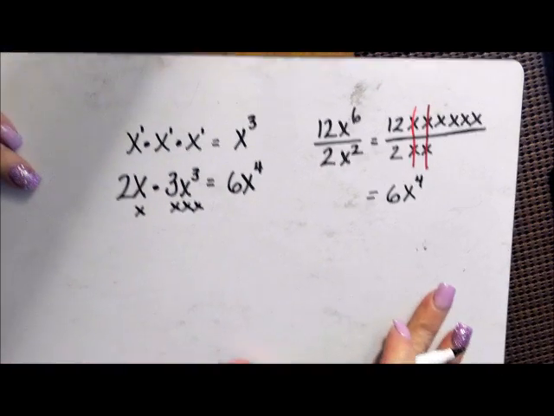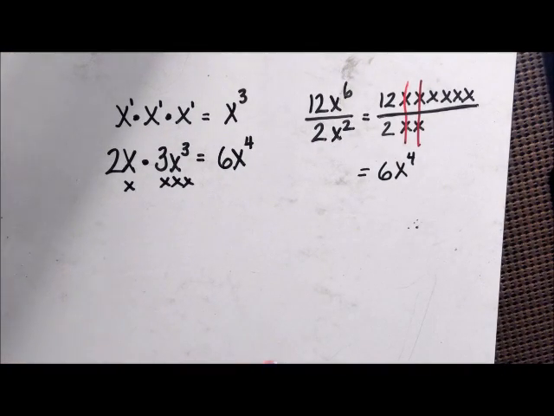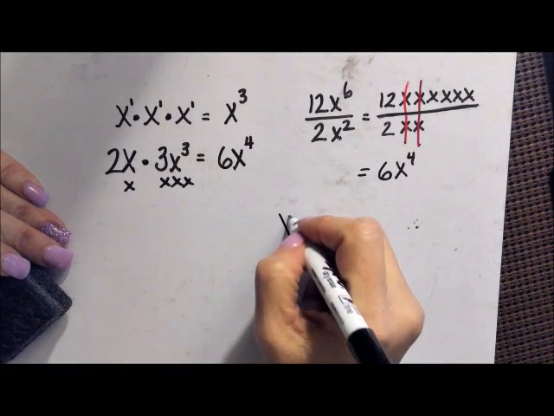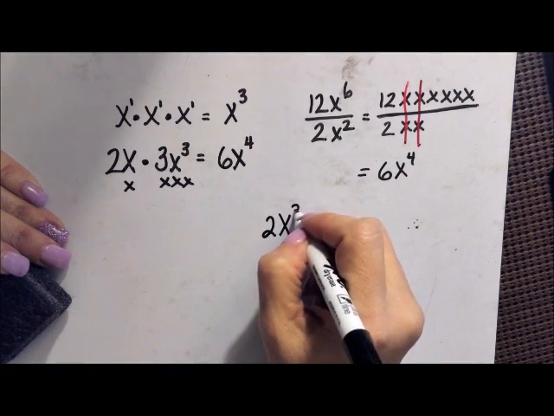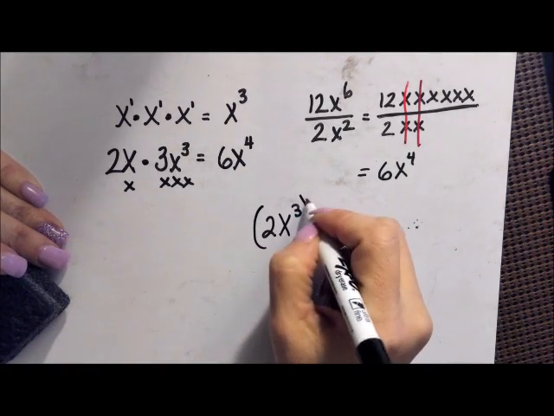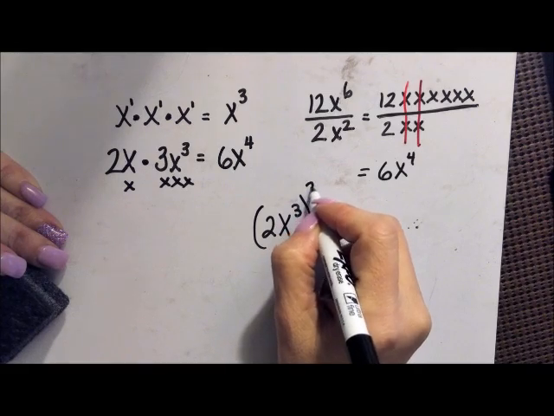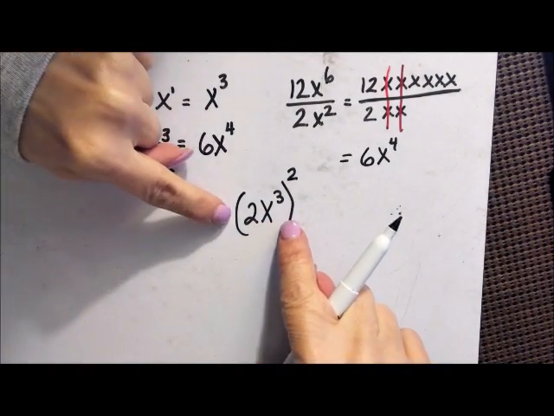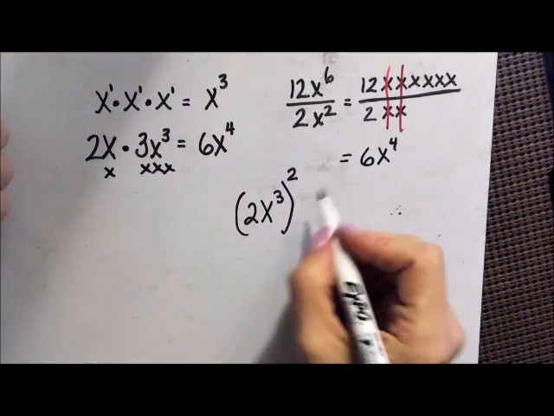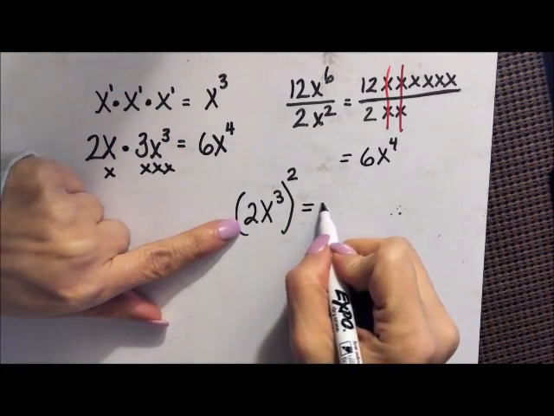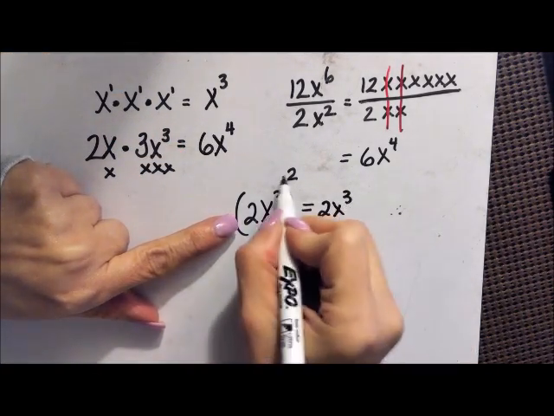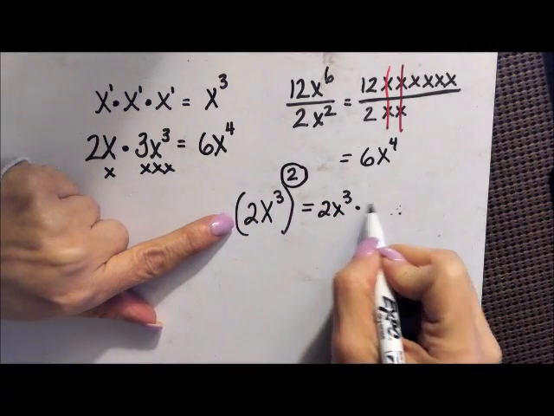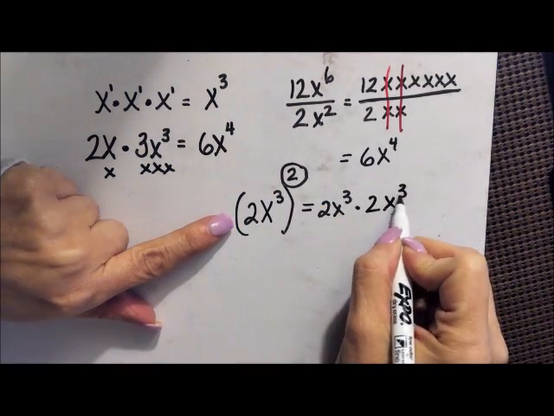Okay. Let's see. We also had powers to a power. So if I have 2x cubed, and I'm going to raise that to, we'll say, the second power. What that means is everything inside here 2 times. So I take 2x to the third, and I need to do it 2 times, times 2x to the third.